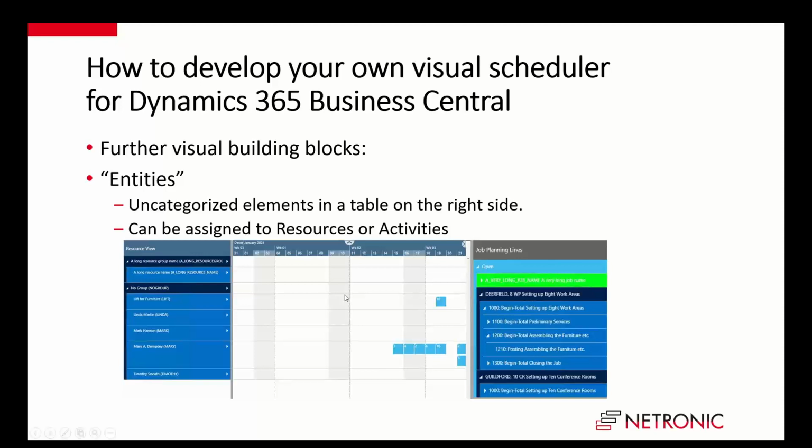The interesting part is that these are uncategorized elements, just summed up in the table on the right side, and then you can drag and drop them from the right side into the planning board and drop them there on a resource, for example. And by this, you can create new allocations.